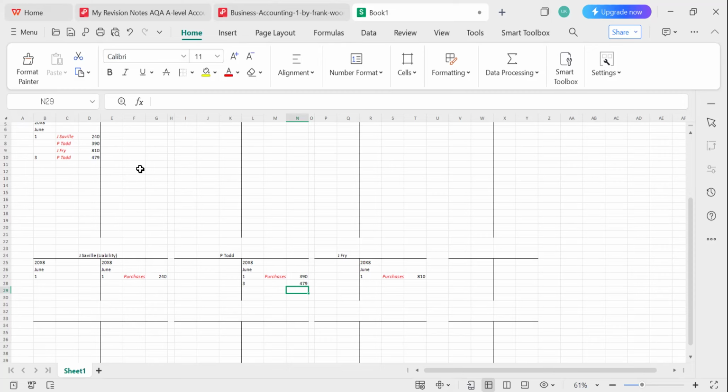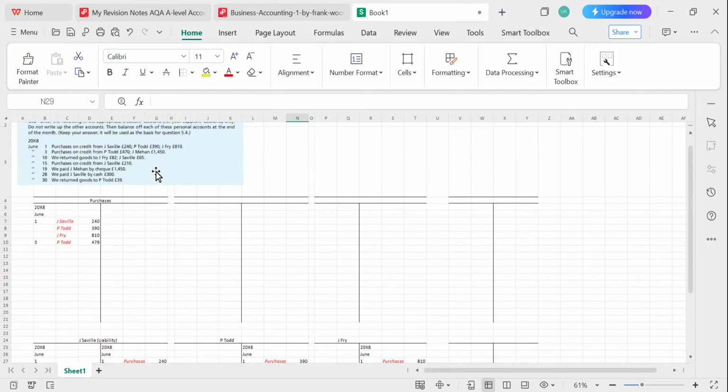Or 79. Second entry is debit purchases 1450, same date. And credit J Mahan, same date 3. Okay.